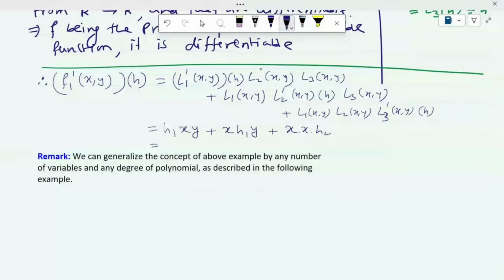So this will give us 2xy H1 plus x square H2.